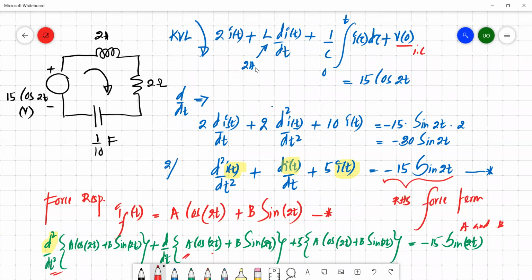Okay. So as a summary, if you have a sinusoidal type of source in your circuit, then the force term, or the right hand side of the differential equation, would be a sine or cosine function.